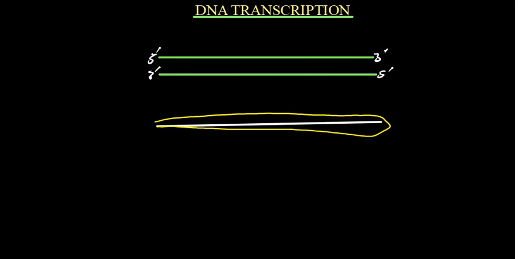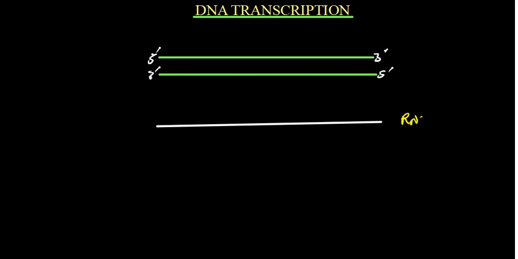What I have down here is RNA, whereas what I have here is my double helical strand of DNA. The strand which has complementary bases to the RNA is what we call a template.